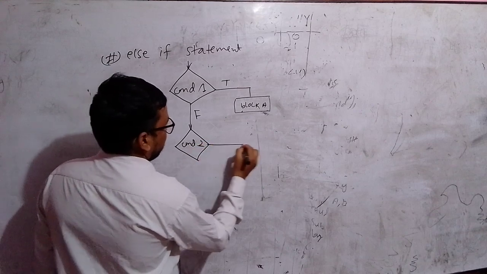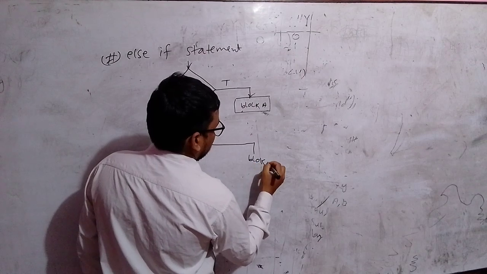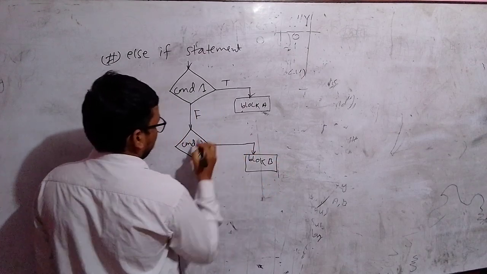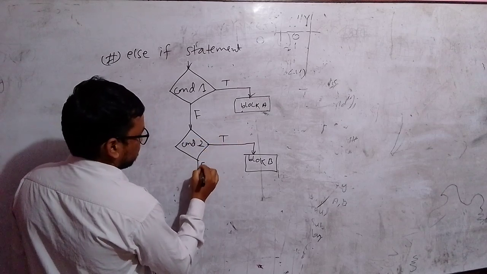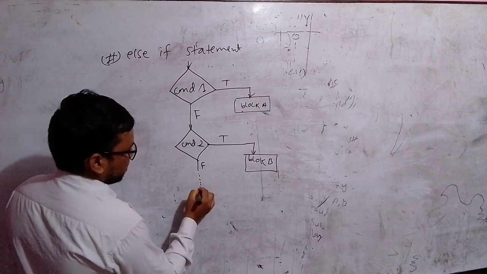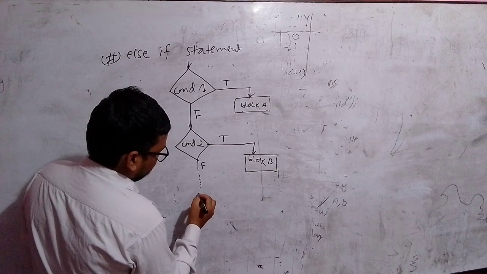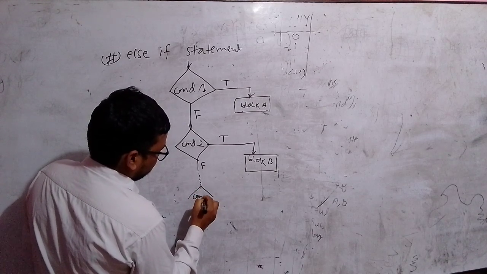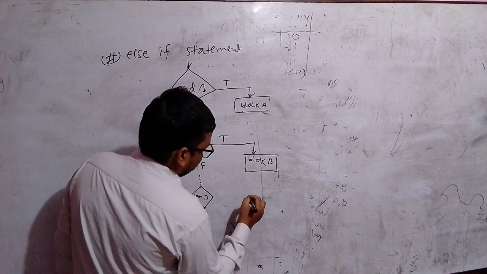Condition 2: if it gives true, block B. If false, it checks the next conditions. And at last, let's say condition 3, we can append condition 3.